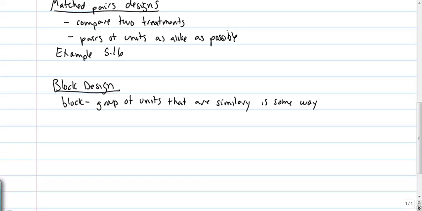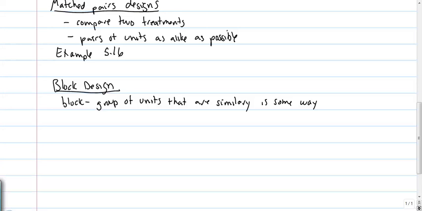In a block design, a block is a group of experimental units or subjects that are similar in some way that is expected to affect our response to our treatments. When we do a block design, we divide our subjects up into their blocks, then we carry out the assignment of our subjects to the treatments separately within each block.